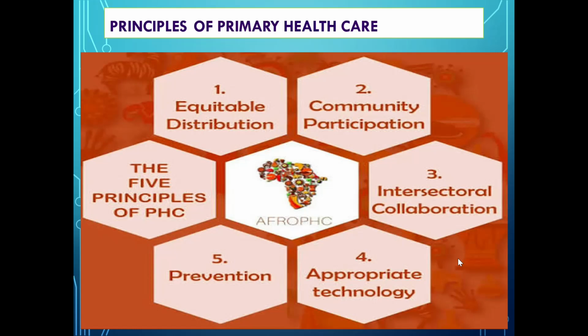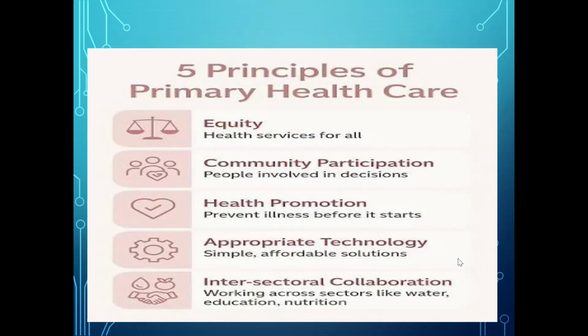It should also play an additional role in the prevention of diseases. So these are the five basic principles of primary health care: equitable distribution, community participation, intersectoral collaboration, appropriate technology, and prevention.